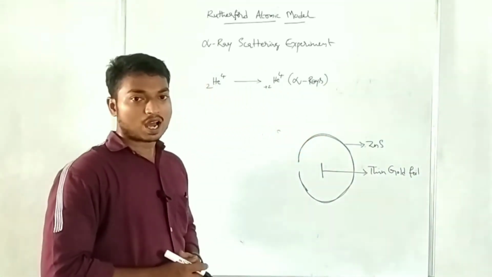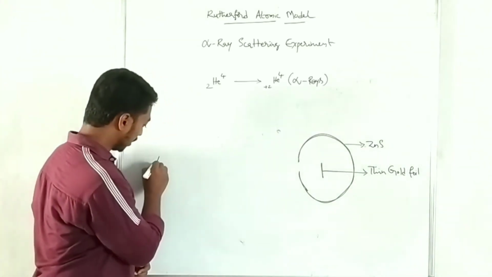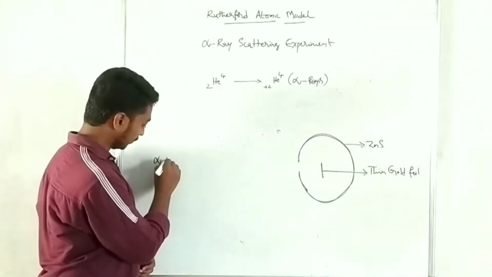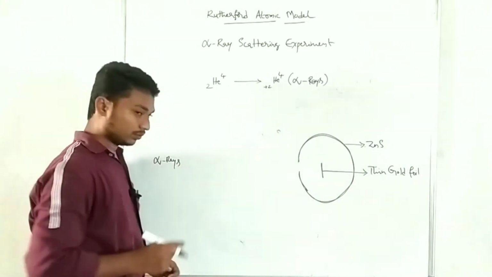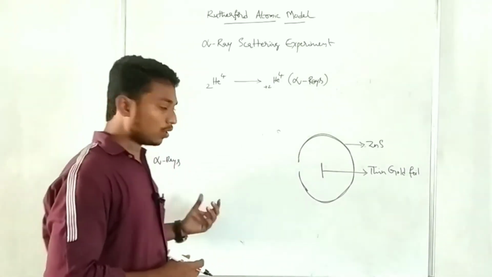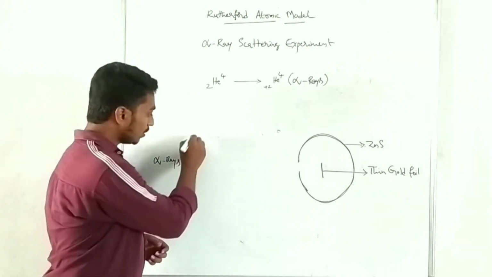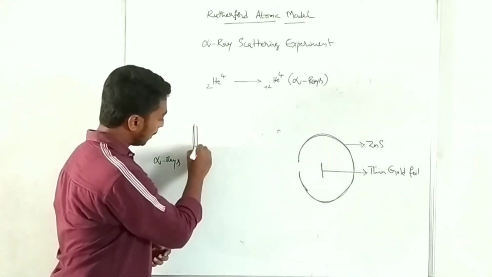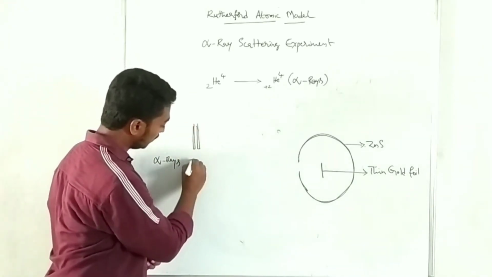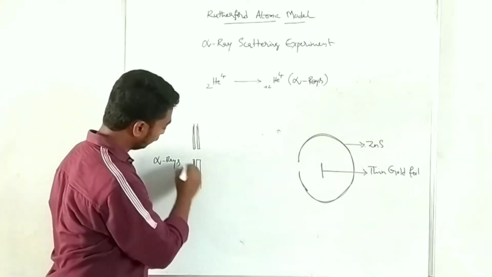Okay. He used the alpha ray source. He allowed these alpha rays through thin parallel positively charged plates.